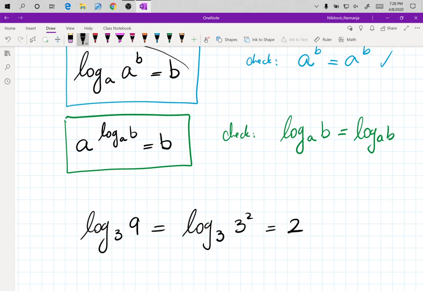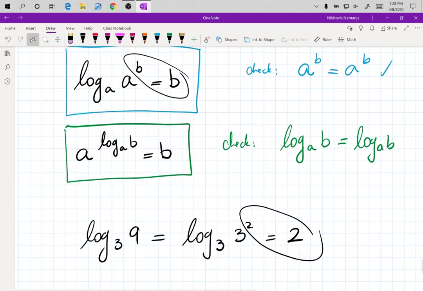You see that? Stare at it until you see it, right? So 9 I can write as a base 3 power. And then the base 3 from the log and the base 3 from the exponent actually cancel out, leaving just 2 as the answer.